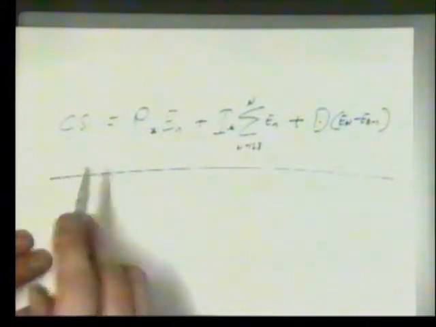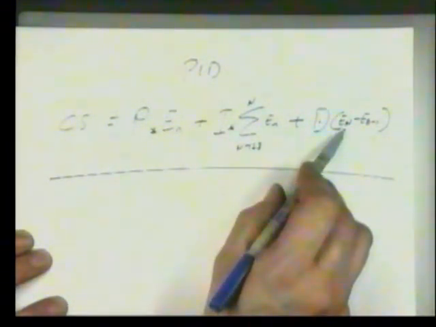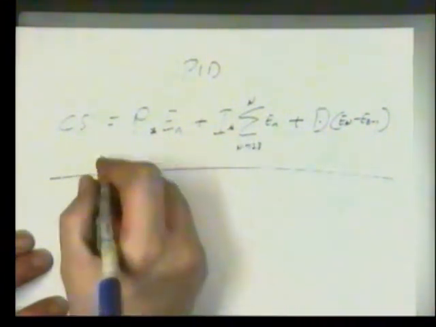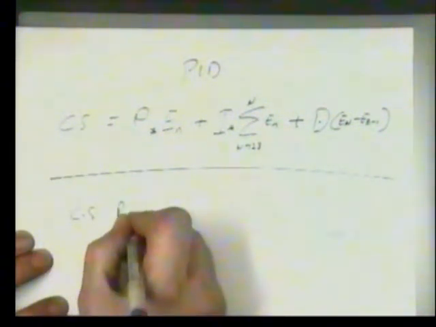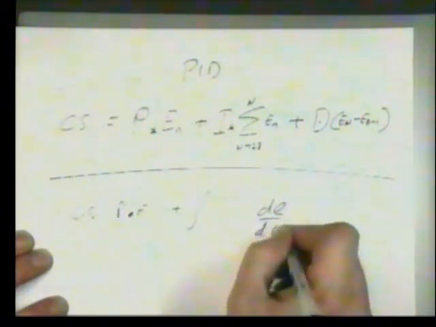And it is essential that you understand this algorithm, that you can write it, that you can explain what each of these terms do and how they operate and what their purpose is. Now, I don't mind whether you do it as the sample data version or as the analog version with the integral and dE/dt.